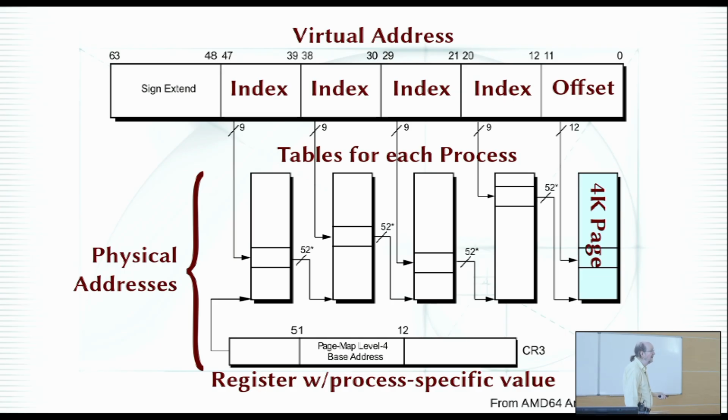So fortunately, you don't have to do that a lot of the time. This is called a page walk. And there's a thing called the TLB, the translation look-aside buffer, and a couple of other little structures in hardware that keep a hardware cache of recently done lookups.